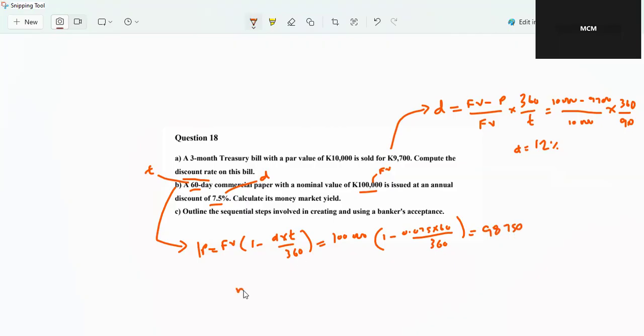And the money market yield, how do you find the money market yield? Face value minus the issue price you found, over the issue price, times 360 over time. So this one is dependent on the answer that you found.